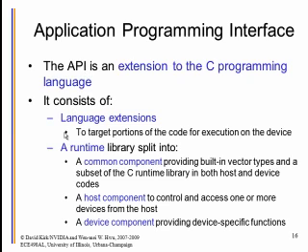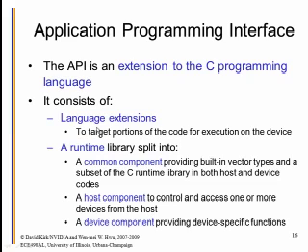The regular C language obviously does not provide APIs that support GPU computing, so you need to get a CUDA package to get this API to work. It consists of language extensions and a runtime library.